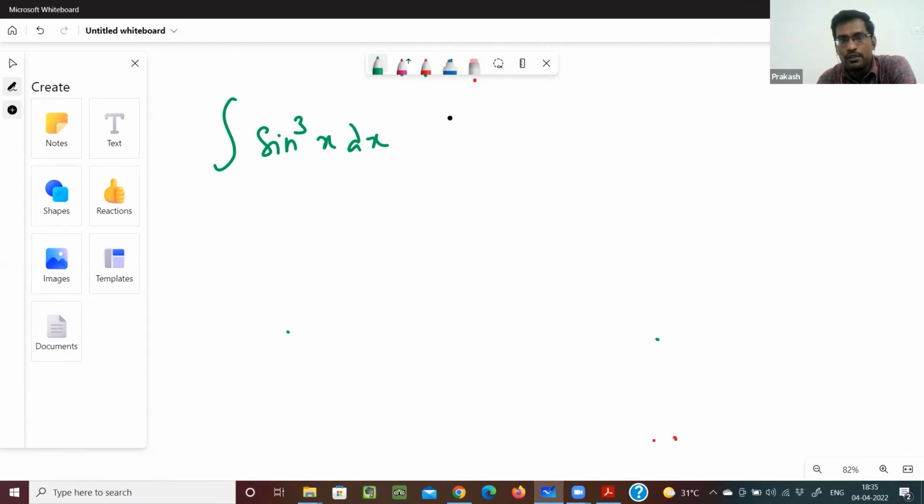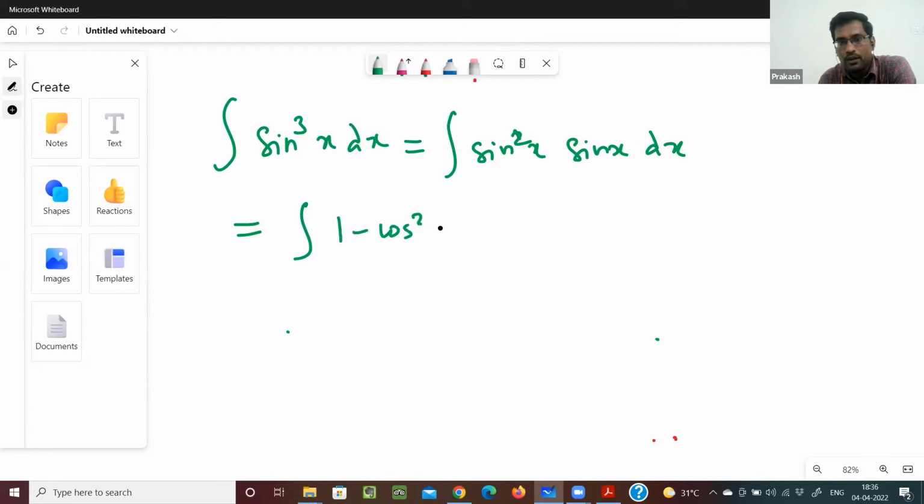We can write sine square x into sine x, and use the trigonometry identity that sine square x is nothing but 1 minus cos square x, into sine x.